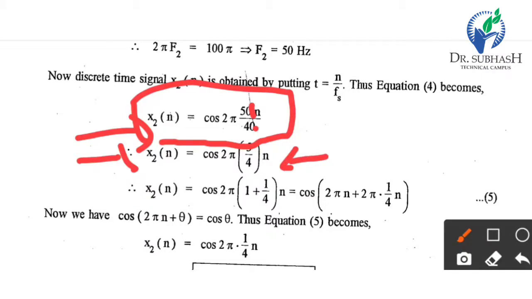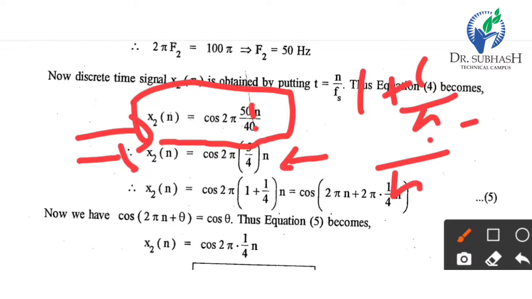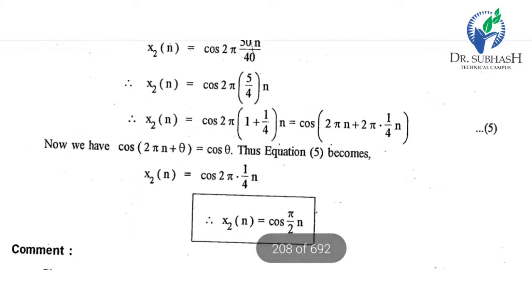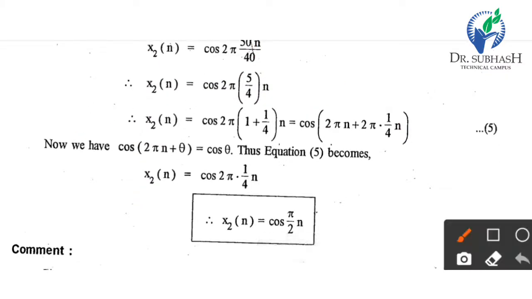Now 5 by 4 we write as 1 plus 1 by 4. So x2 of n equal to cos 2 pi times (1 plus 1 by 4) n.